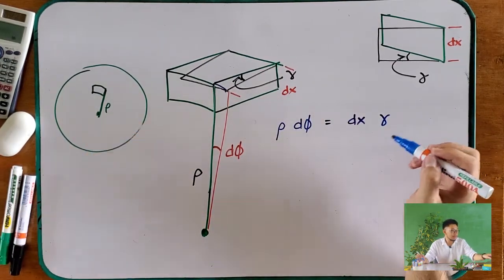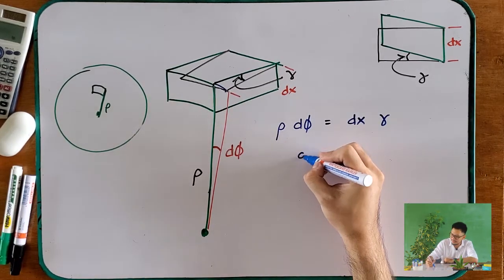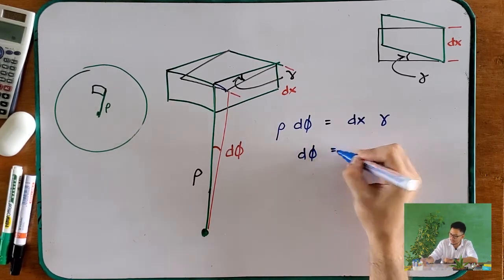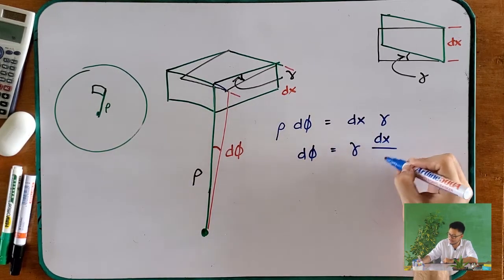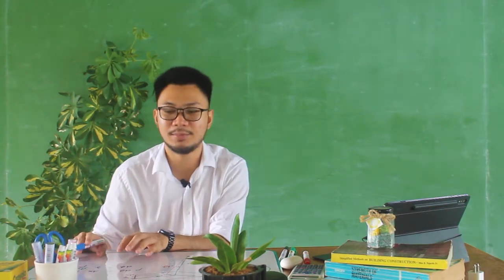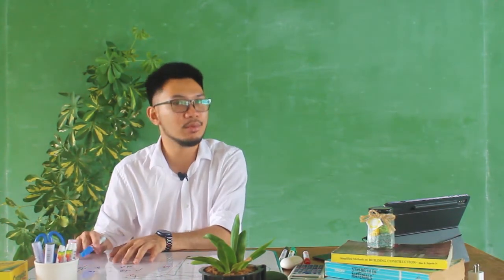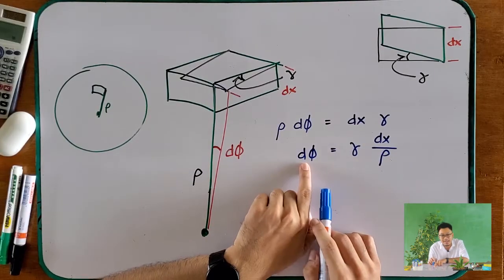And therefore, we have generated an equation which is d phi is equal to gamma dx over rho. Di ba nakahinumdum ta nga ani nga equation sa atong previous nga lesson nga katong libog kaayo na to pag-discuss. Okay?